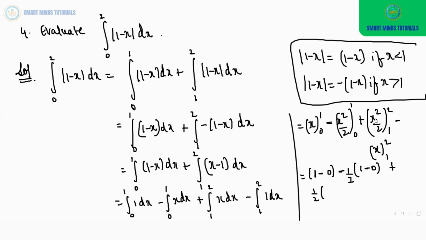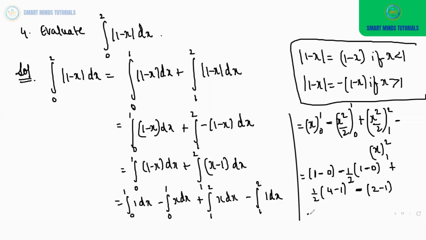Now again we have to apply the limits for x square. Limits are 1 to 2. So 2 square is 4, 1 square is 1. Minus, here x is the value. We have to again apply the limits, 2 minus 1. Is everyone understanding how I am applying the limits?